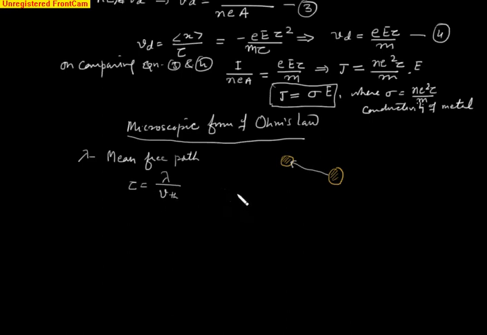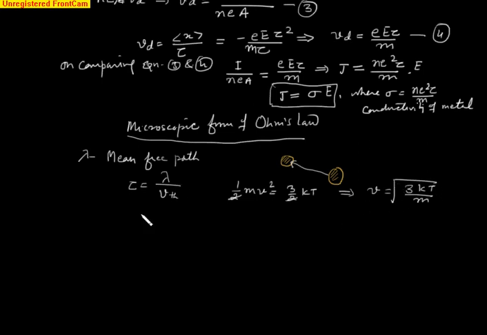But as I explained, the thermal velocity can be determined by using the formula of kinetic energy, that is half m v squared is equal to 3 by 2 kT, where k is the Boltzmann constant. Then from here, if you find v, this 2 cancels and m comes to this side, therefore we get v equals the square root of 3kT divided by m.